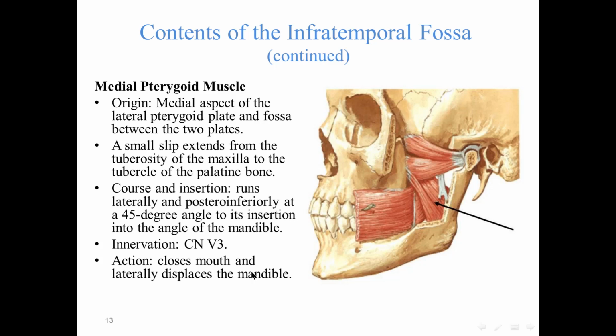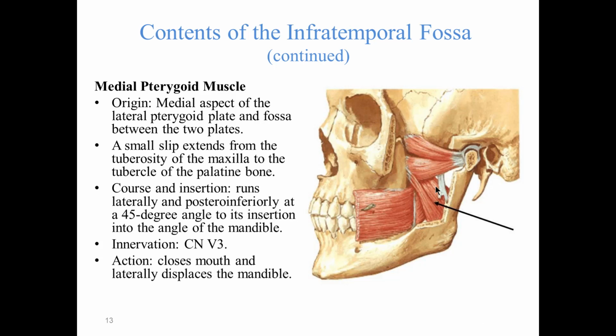The small superficial head, this part of the muscle, arises from the maxillary tuberosity and the pyramidal process of the palatine bone, and the deep head rises from the medial surface of the lateral pterygoid plate of the sphenoid bone.